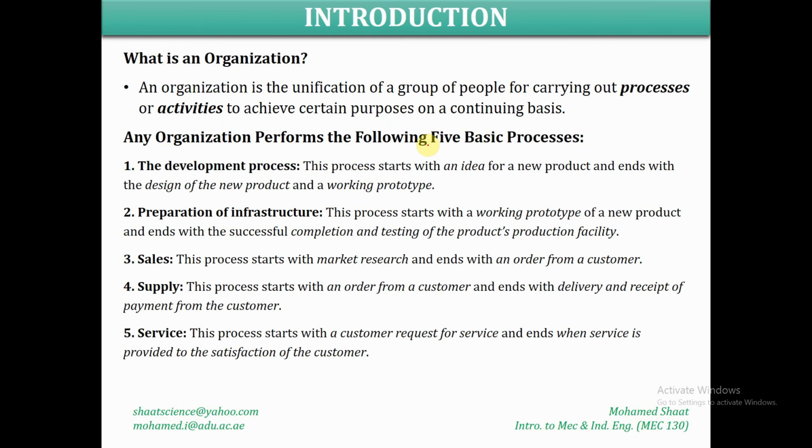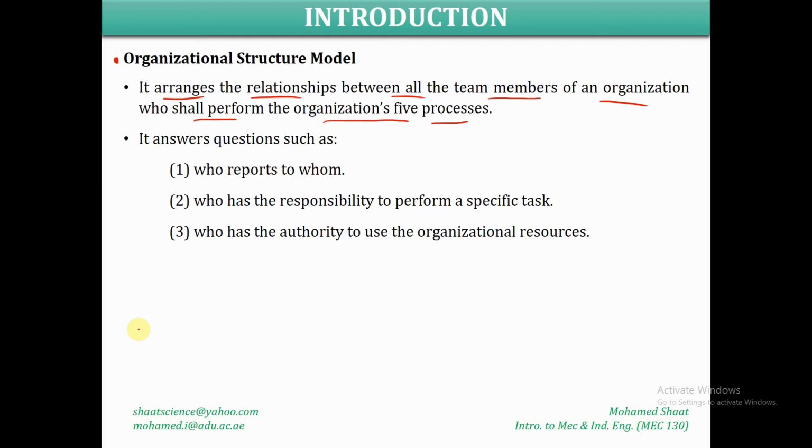As we said, an organization is a unification of people. How can we make sure that these people are organized and working together, and that the relations between them are specified, so they can successfully perform these 5 activities of the organization? To ensure this, we should design the organization based on a specific organizational structural model.